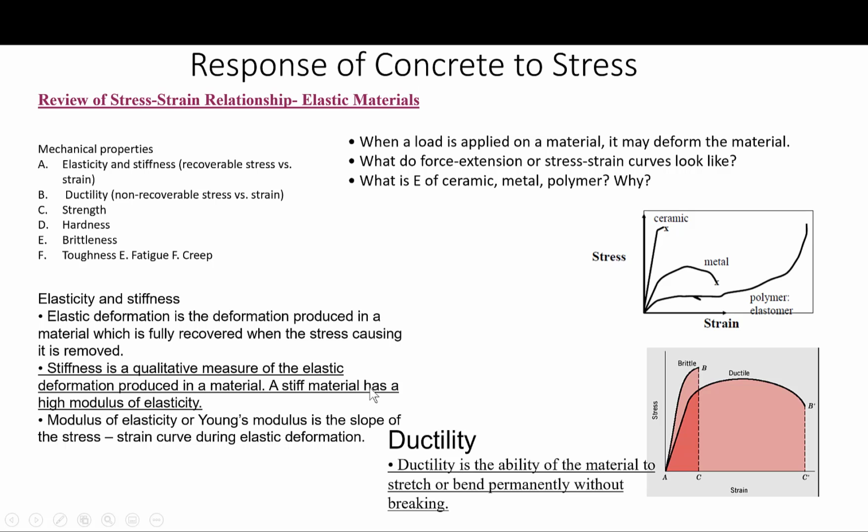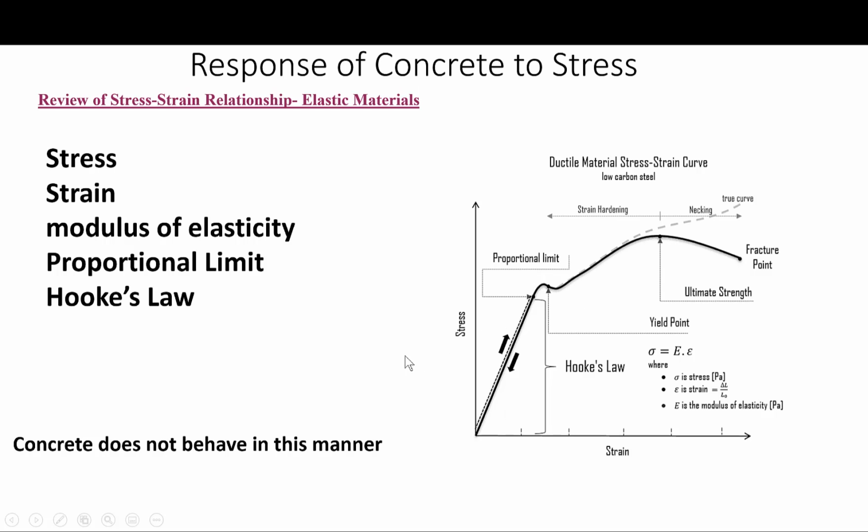So a stiff material has a high modulus of elasticity versus a soft material which has a low modulus of elasticity. The modulus of elasticity, or Young's modulus, is basically the slope of the stress strain curve during the elastic deformation, as we have seen here.